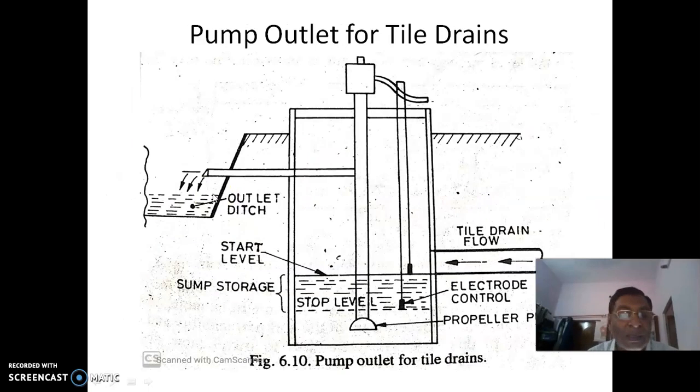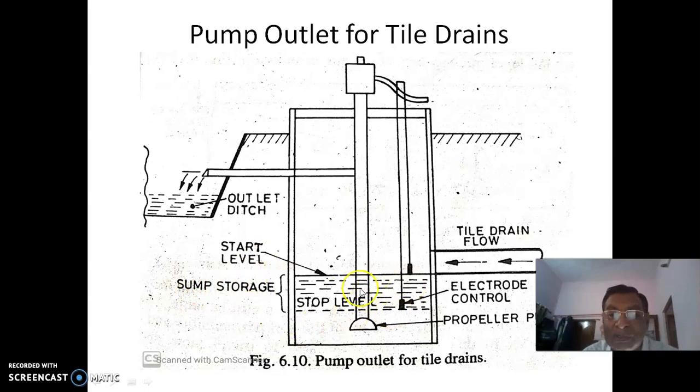Okay, next. Here is another, a pump outlet for tile drains. You can see here, water is pumped instead of gravity. Of course, the tile drain is arranged, and then water is accumulated in a sump well. This is a starting level, of course.